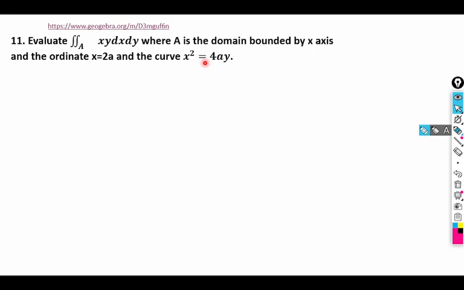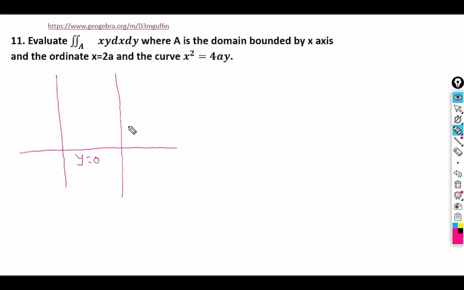So first thing, we should draw the curves. The x-axis is y equal to 0, and x equal to 2a, you can draw it anywhere. Say this is x equal to 2a. Now x square equal to 4ay.